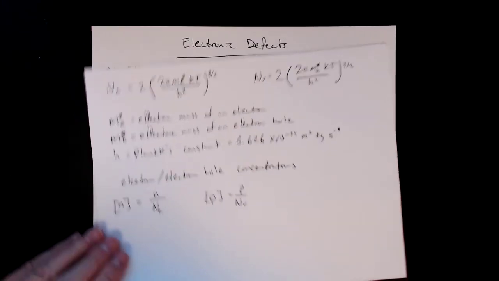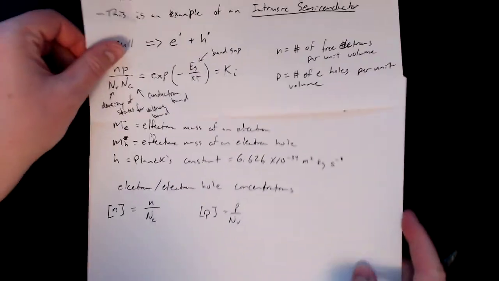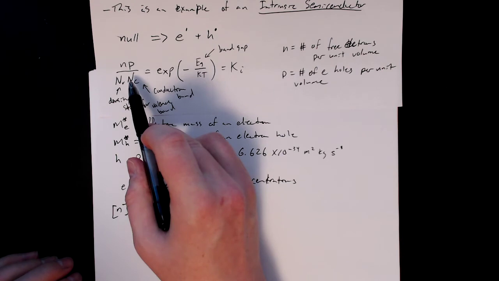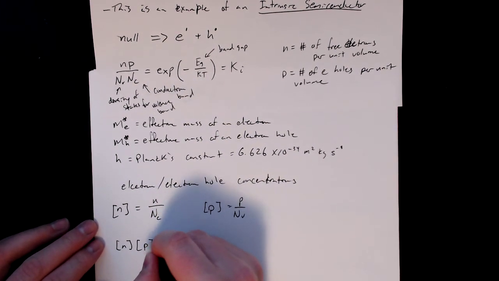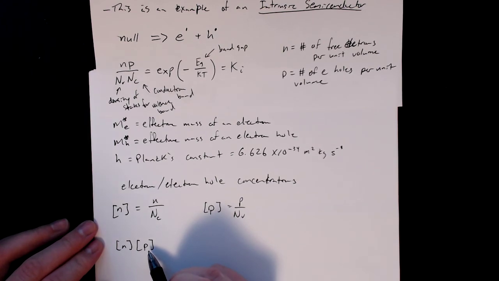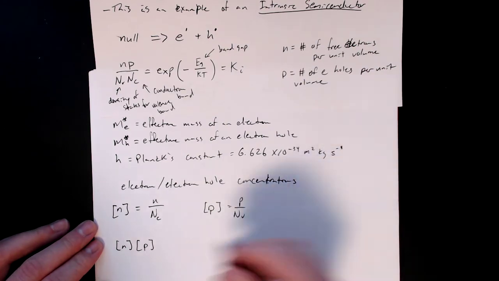The reason we define it like that is because if we go back up to this expression, then this becomes the site fraction of electrons times the site fraction of electron holes equals this exponential term that we have.